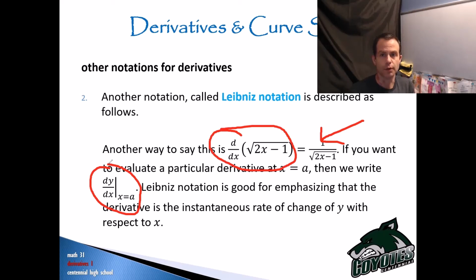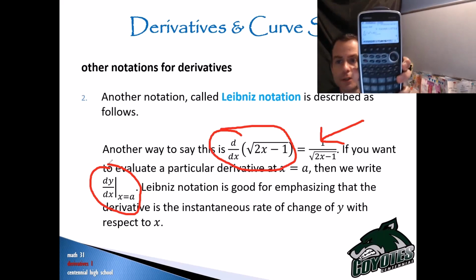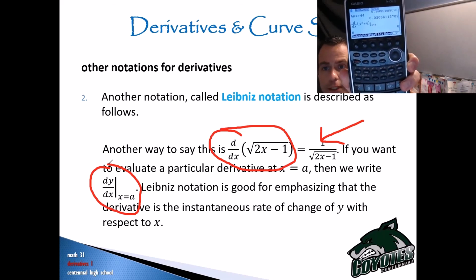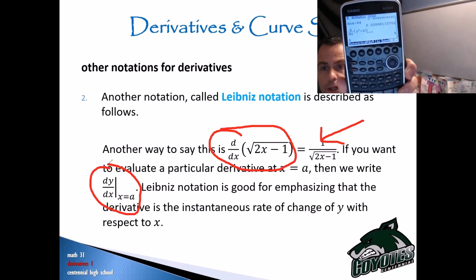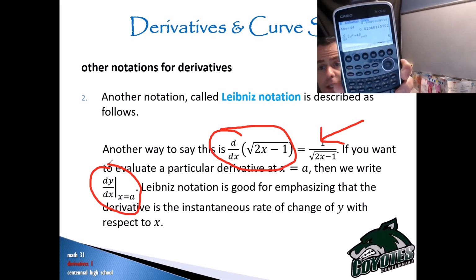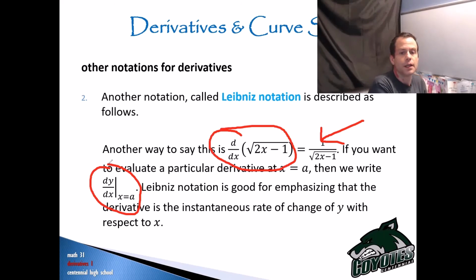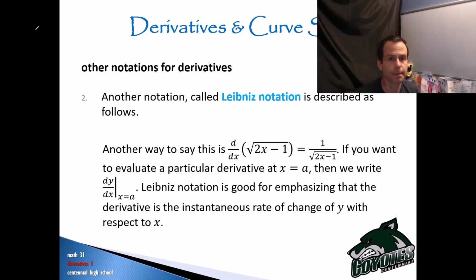I don't know if you can see my calculator if I show it to you, but your calculator does it as d over dx. So I put the function in, said x equals 3, and it gave me the derivative. Leibniz notation is good for emphasizing that the derivative is the instantaneous rate of change of y with respect to x.